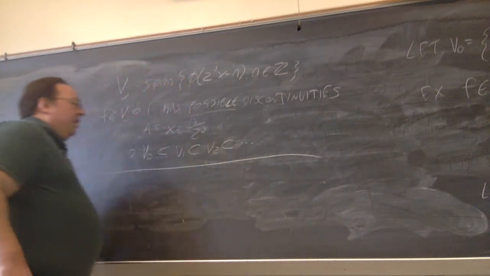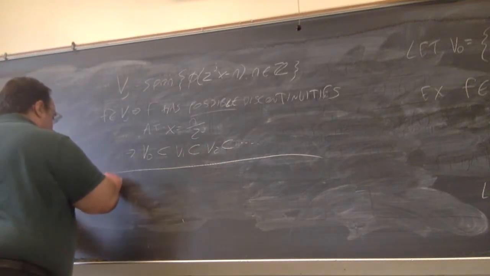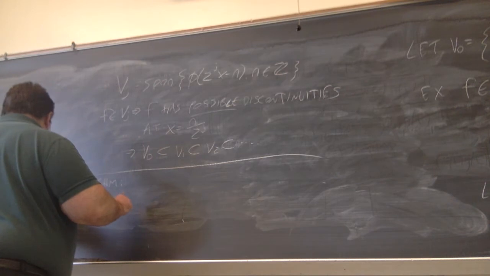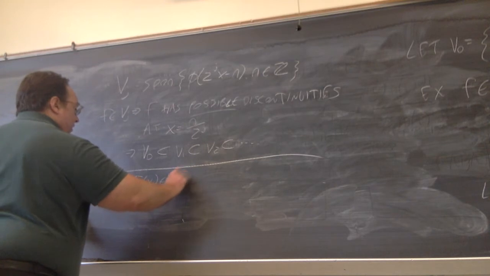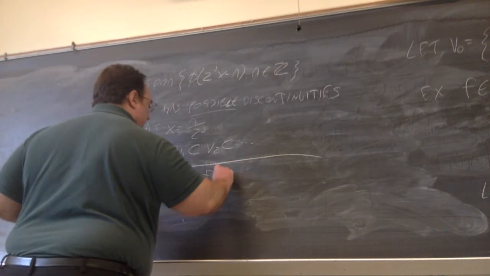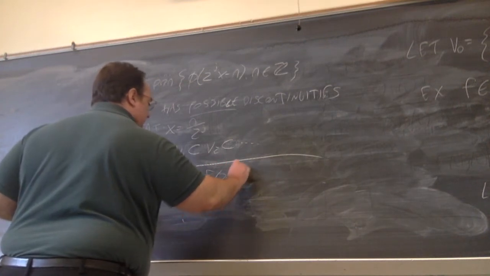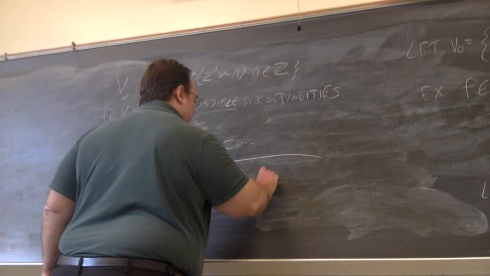Now, as a consequence of how these spaces relate to one another, we have these properties. A function f is in V0 if and only if you dilate the function, so you multiply x by 2 to the j, well actually it's the opposite of dilation, it's going to contract, so it's an undilation, must be in Vj.